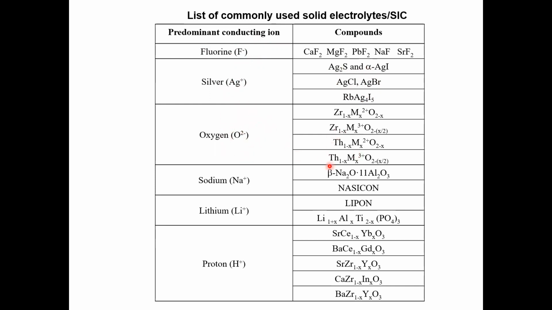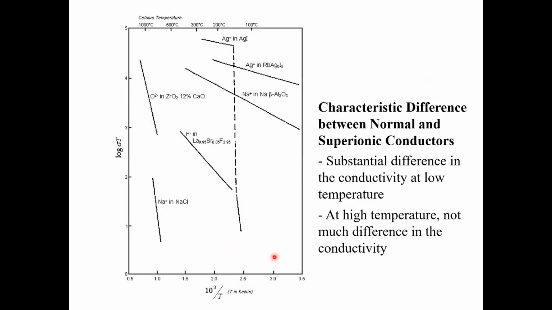Oxygen ion conductors are based on stabilized zirconia-type material that we'll talk about. There are sodium beta alumina type and NASICON type sodium ion conductors. Then there are lithium-ion conductors, LiPON, and a lot of other lithium-conducting materials. And then there are a series of proton conductors that can conduct protons, H+.